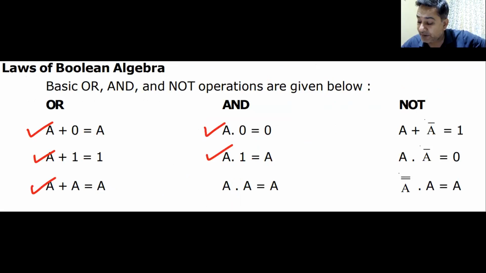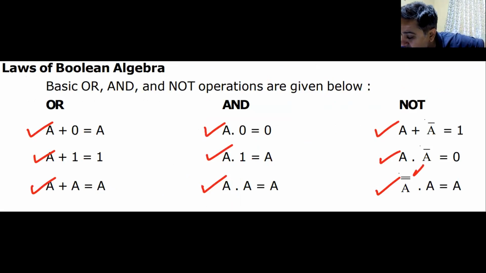A dot 1 will be A. A dot A will be A. A plus A complement. A dot A complement. A double complement: do you understand the symbol of this double complement? It is the complement of A's complement. Got it? Do we understand all these things? I'll give you a minute to see it.